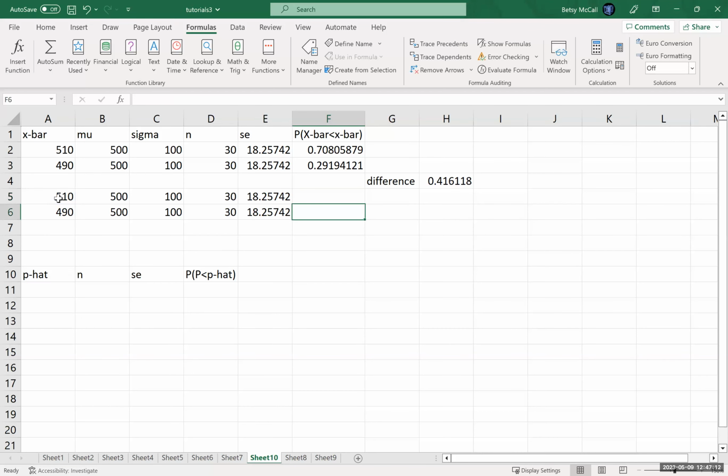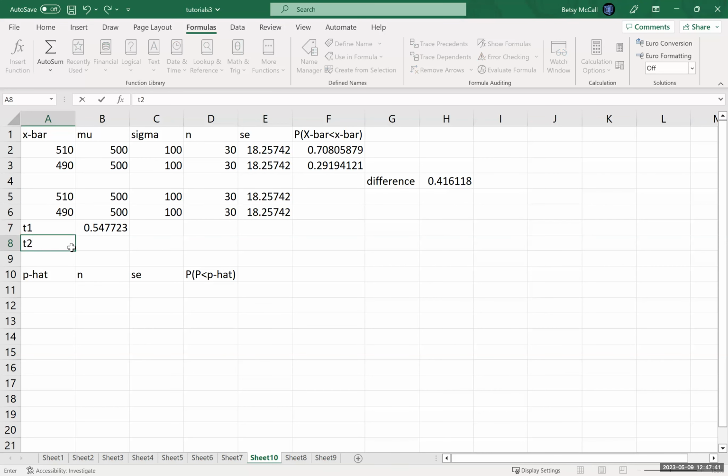To do the T distribution probabilities, you would have to convert these to T-scores. So we would have to calculate, let's say, T1 would be 510 minus 500 divided by our standard error.